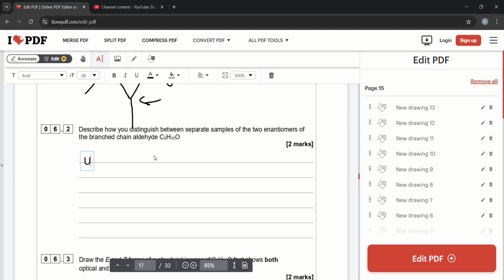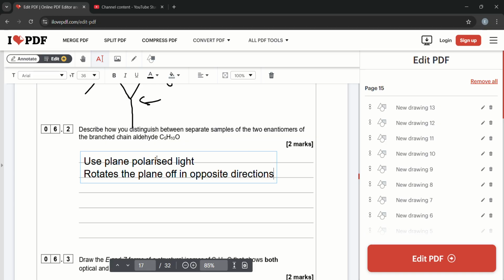So all we're going to do is use plane polarized light, and this rotates the plane off in opposite directions. Therefore we can easily distinguish between the separate samples of the 2 enantiomers because it rotates the plane off in opposite directions.